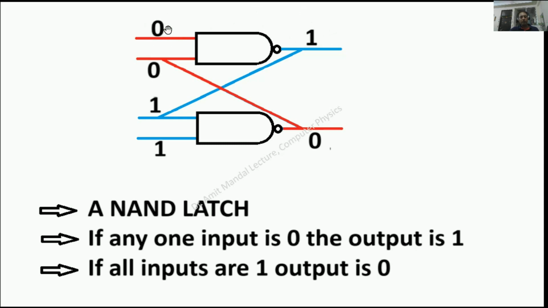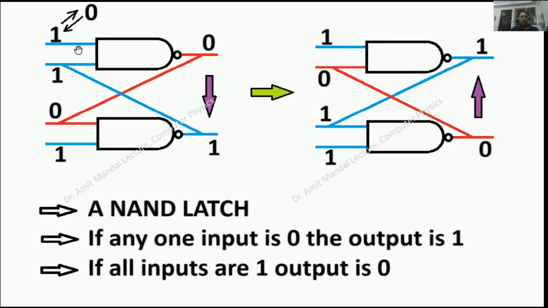Now if I change this 0 back to 1, still there will be no change. Initially the top output was 0 and the bottom was 1, and finally the top output is now 1 and the bottom is 0. In short, one of the inputs of the top NAND gate was changed to 0 and again back to 1, and due to that, the outputs 0 and 1 ultimately became 1 and 0.